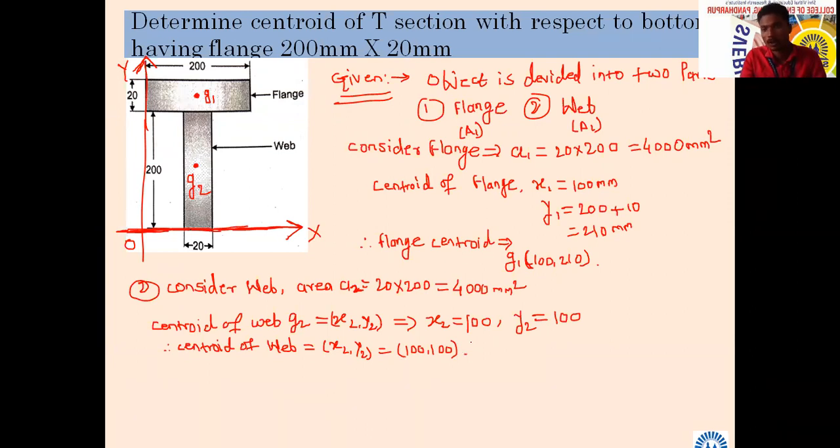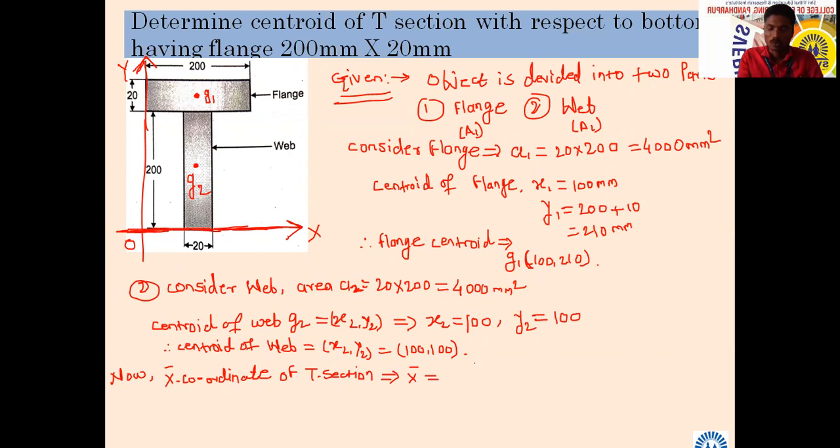Now if I want to combine these two sections, what the weight is there in T section? So here now x coordinate, I will say x coordinate of T section equal to, okay, x bar equal to, what will be that?